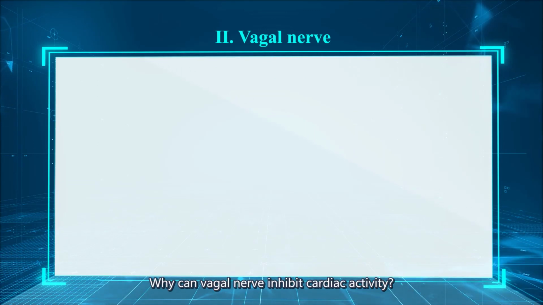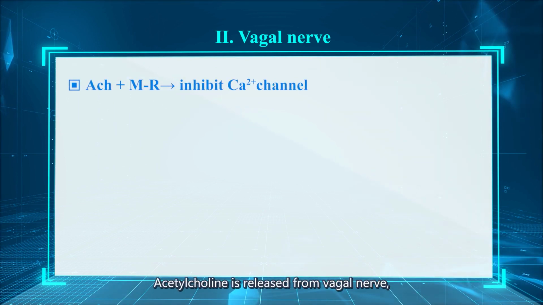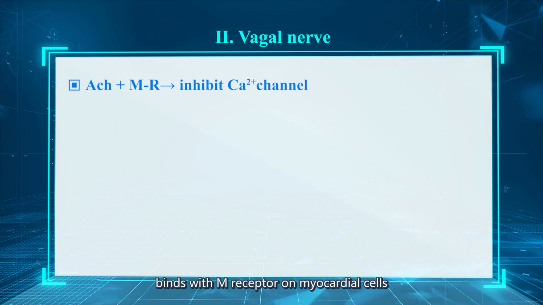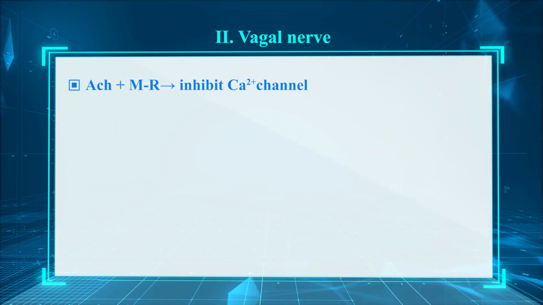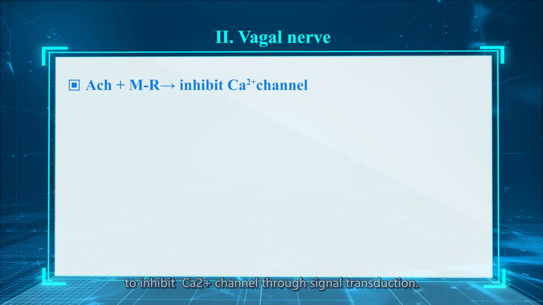How can the vagus nerve inhibit cardiac activity? Acetylcholine is released from the vagus nerve and binds with the M receptor on myocardial cells to inhibit the calcium channel through signal transduction.